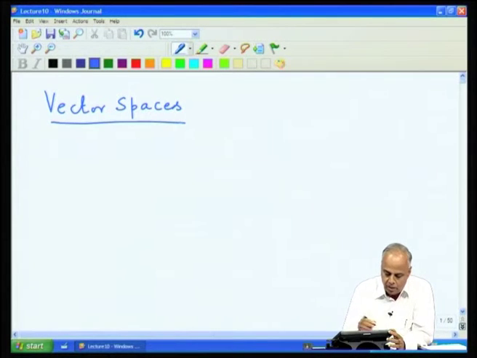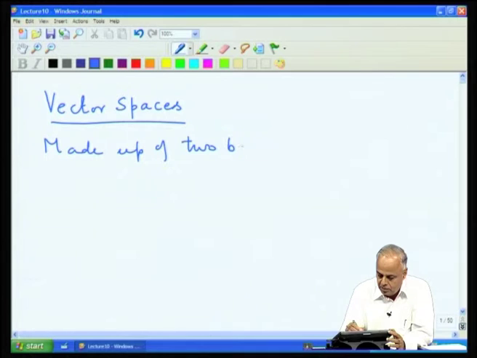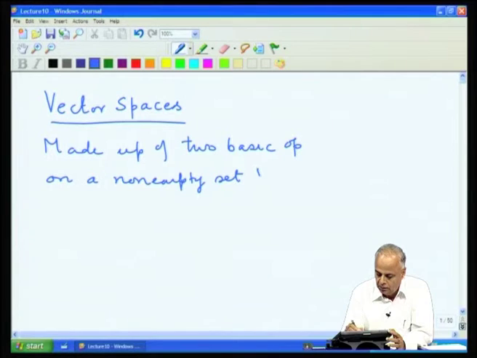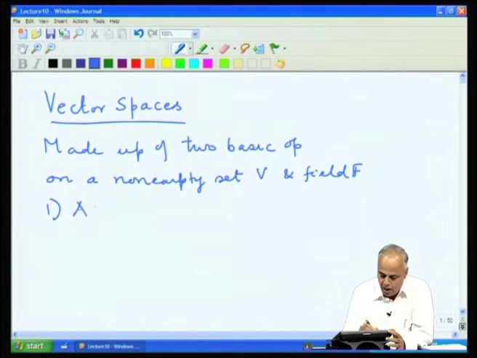We found that the vector space is made up of two basic operations on a non-empty set V and a field F. The two basic operations are addition and scalar multiplication.